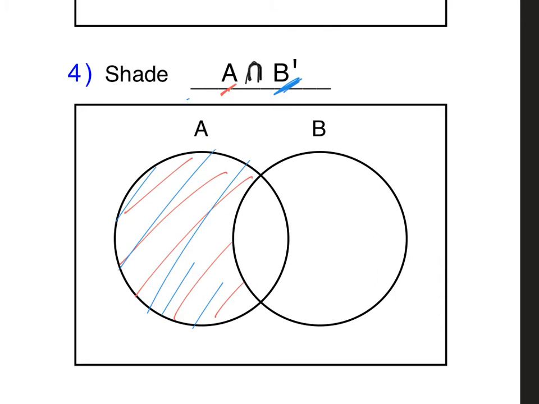So what is our result? It is the region that is in set A but not set B. None of these other regions should have been shaded.